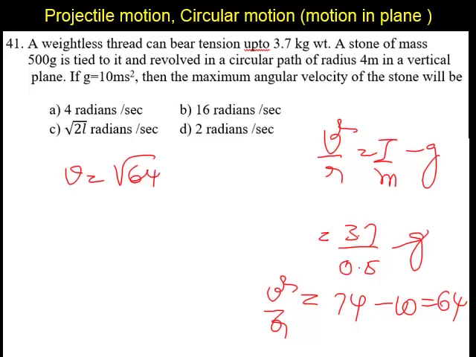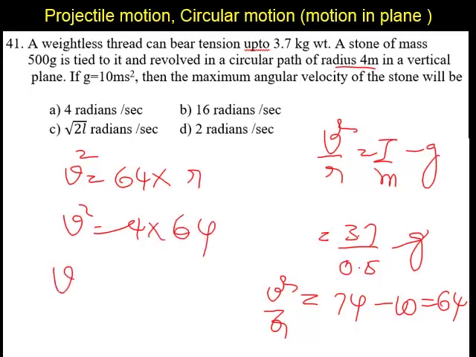One more minute. We'll calculate not like this, isn't it? So v square equal to 64 into r. R in this case is given as 4 meters. So v square equal to 4 into 64.